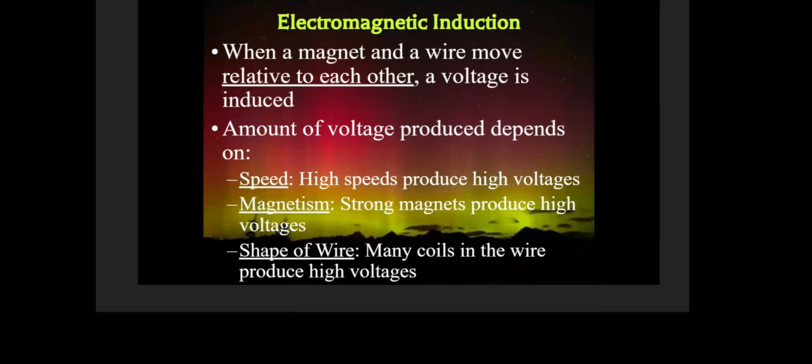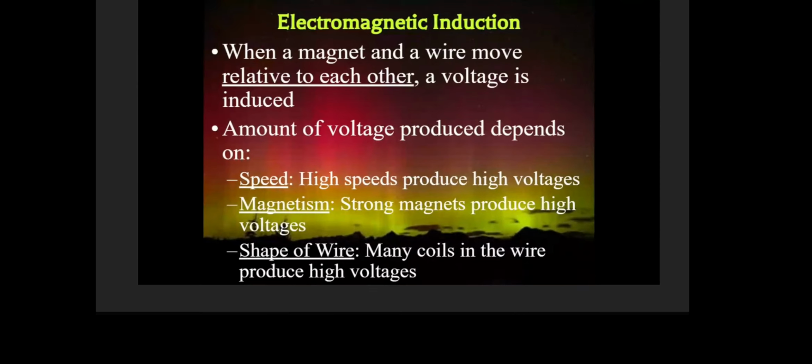Now, the value of the current or voltage that will be generated is dependent on three things, mainly two. The last one is not that big of a difference when we do it in the lab. The speed at which you move the conductor or the magnet, and the strength of your magnet.